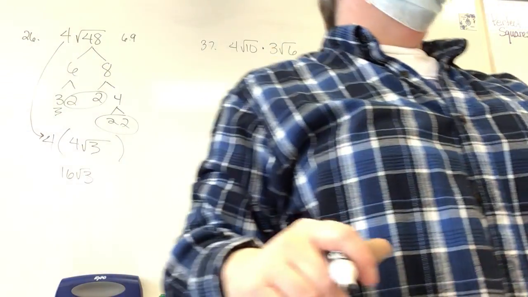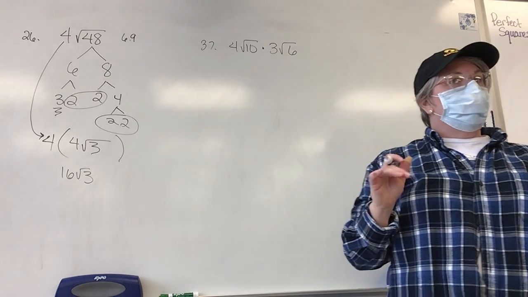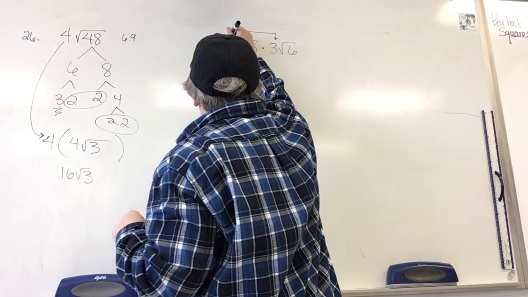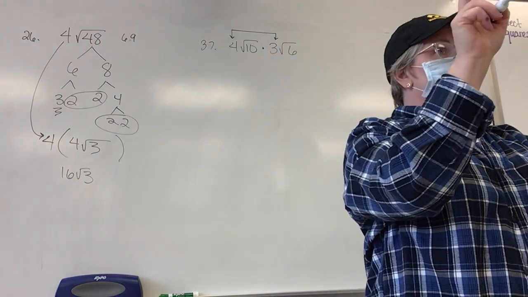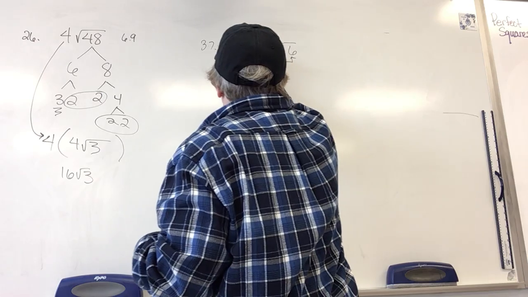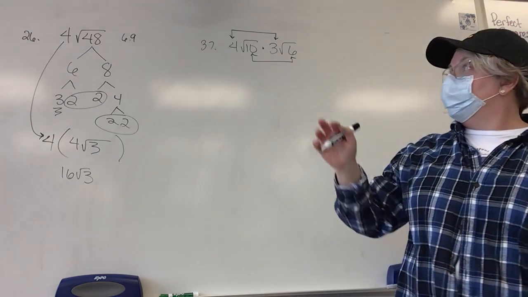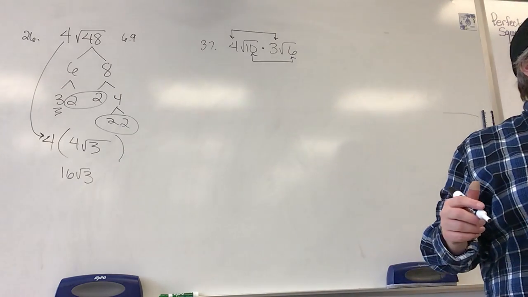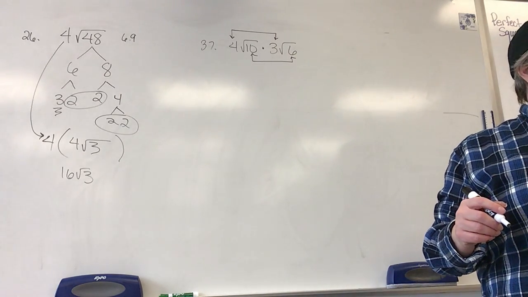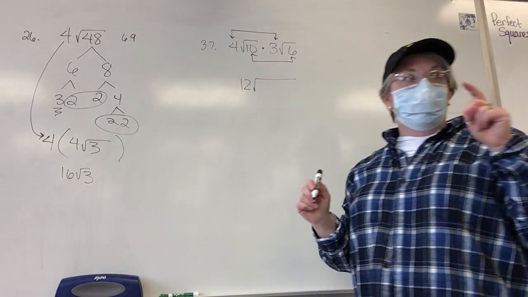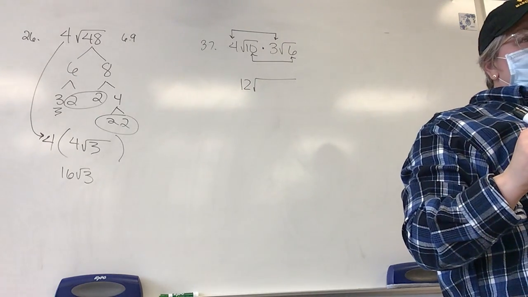Now this is multiplying, and when you multiply radicals, you multiply the outside times the outside, or their coefficients times each other, and then you multiply inside times inside, and then it becomes a problem that just looks like number 26. So if you multiply outside times outside, what do we get, everybody? And then when we multiply inside times inside, we get a nice what?